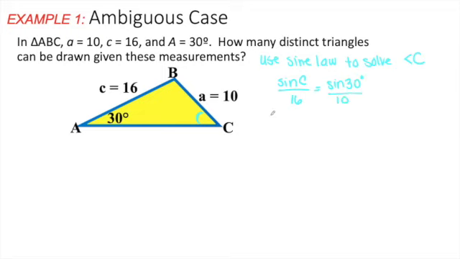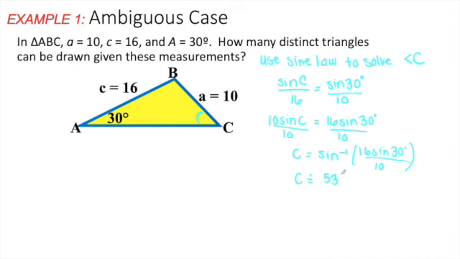You're going to cross multiply, so you're going to get 10 sine C is equal to 16 sine 30. Divide by 10, divide by 10. So C is going to be sine inverse of 16 sine 30, all divided by 10. You should get that C is approximately 53 degrees. Remember, we want to round to the nearest whole number for an angle.